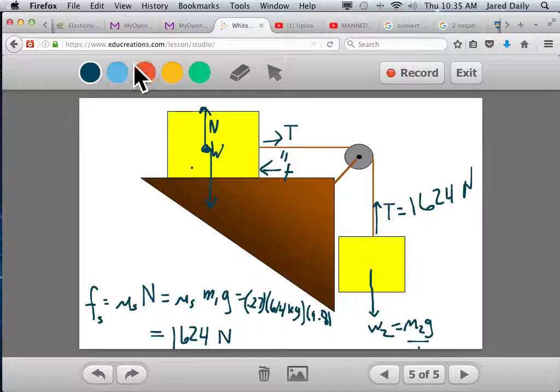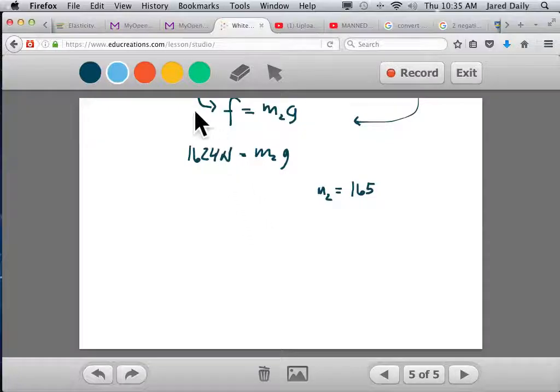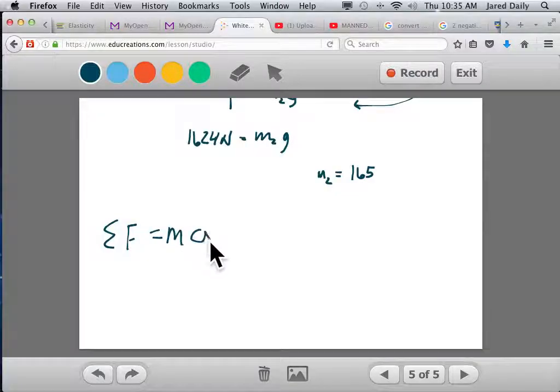This block has all the information we need. But our actual system is the whole system, so we have to include both masses whenever we use mass. So let's do the whole thing here. We're going to do the sum of the forces equals the total mass of the system times the acceleration of the system.